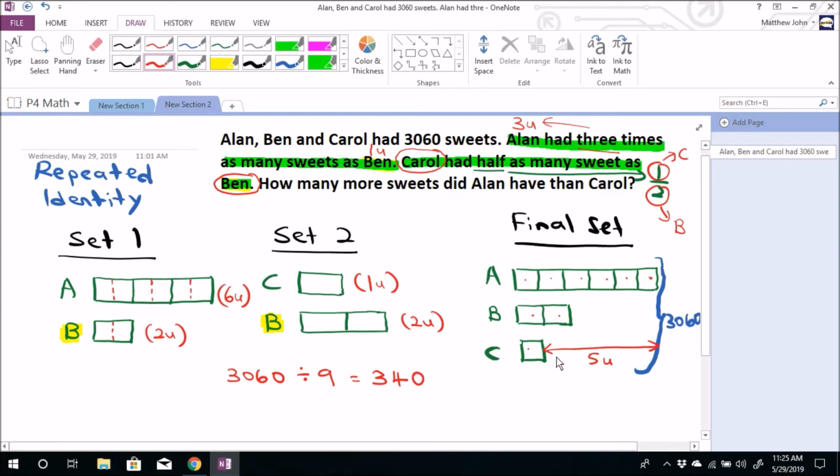And now my answer will be 5 units, so I simply take 340 times 5, that will give me 1700. So Alan had 1700 more sweets than Carol.